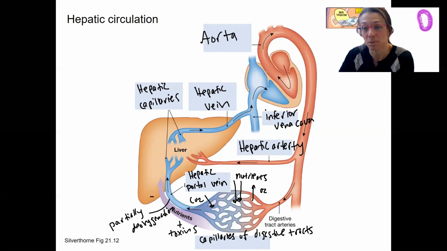They go into systemic circulation. Because as soon as you go out into here, lungs, the aorta, you can't control where this is going. You want to deal with those toxins as soon as they come into the body, as much as possible.